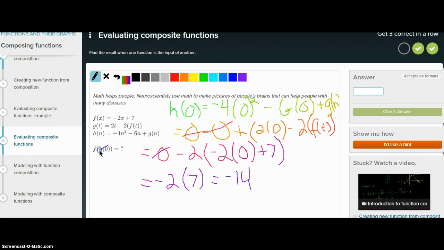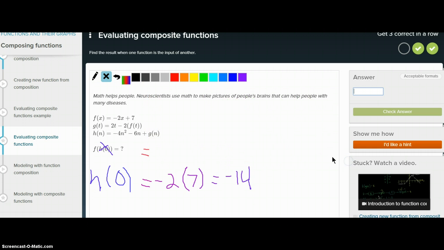So we finished this part. So this h of 0 equals negative 14. So now let's clear off some space over here. Alright, so now we're going to do f of 14. I'm sorry, negative 14.